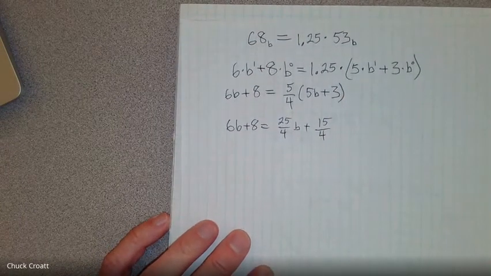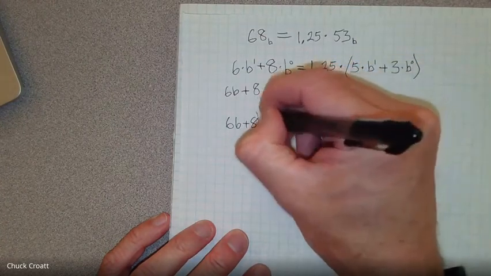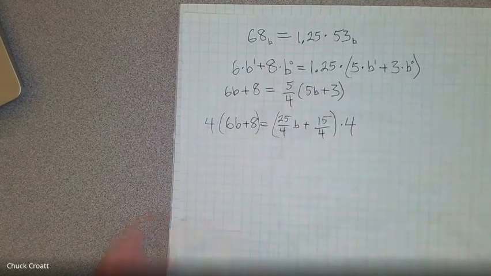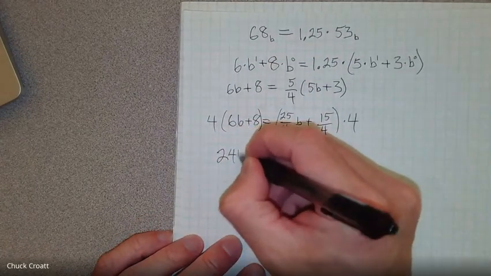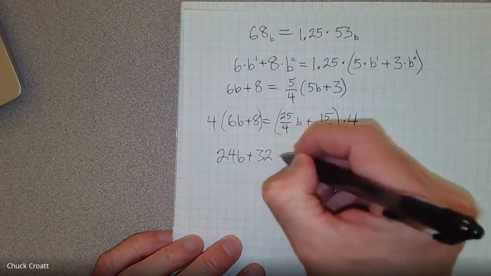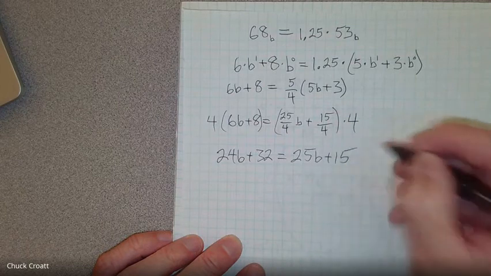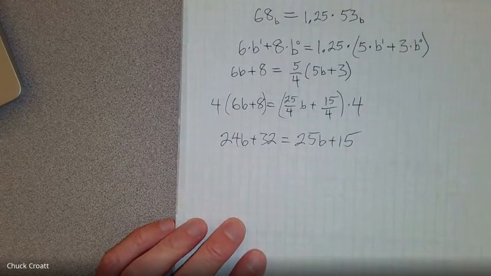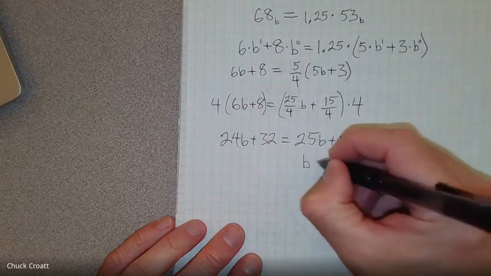I'm going to multiply both sides of the equation by 4 to get rid of my fraction. Not that I'm fraction phobic, but I know a lot of my students are. That'll give me 24B plus 32 and 25B plus 15. And now this looks like an algebra 1 problem. I'll subtract 24B from both sides and get 1B.